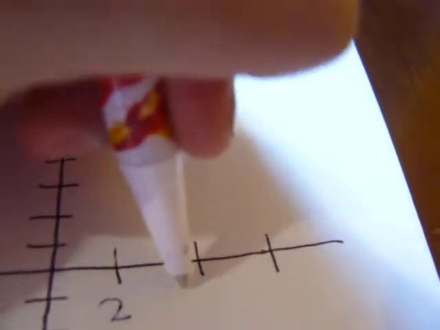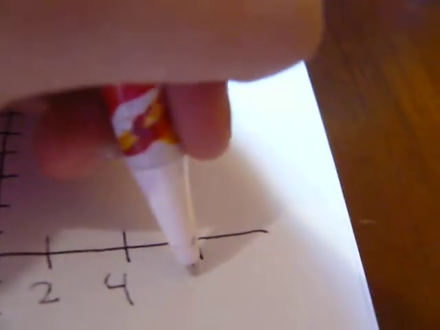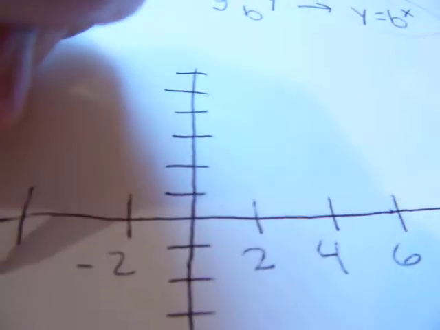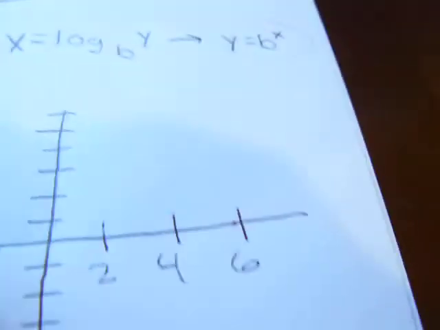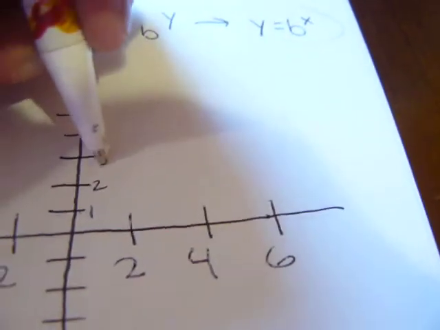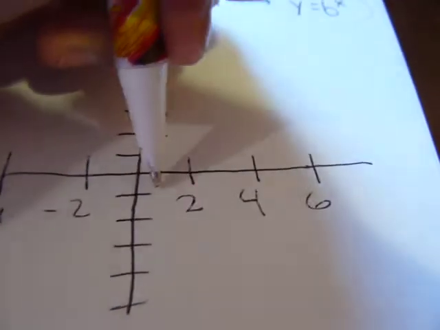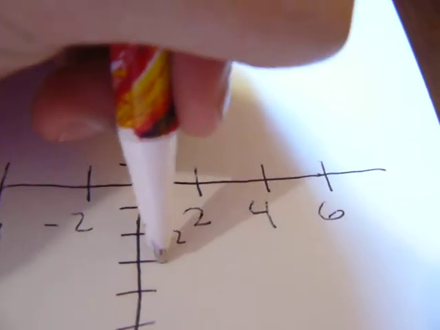This is 2, 4, 6, -2, -4, -6. This is 1, 2, 3, 4, etc., -1, -2, -3.